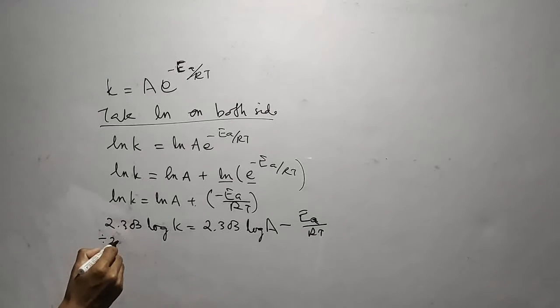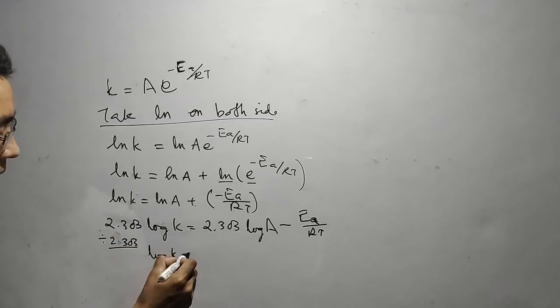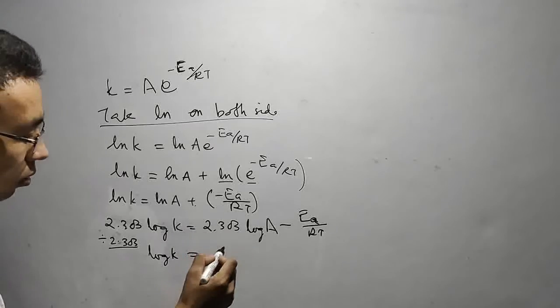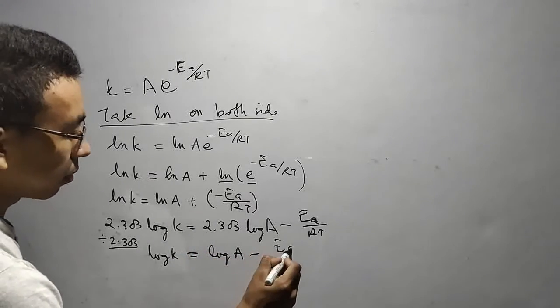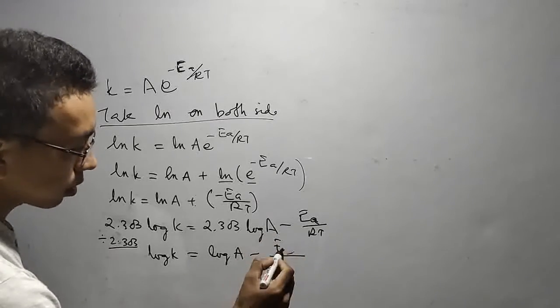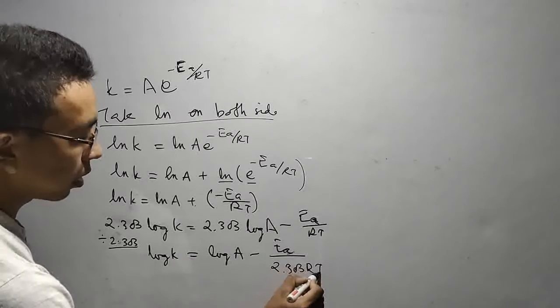On this side only log k will be left, here only log A will be left, minus Ea by 2.303 RT.